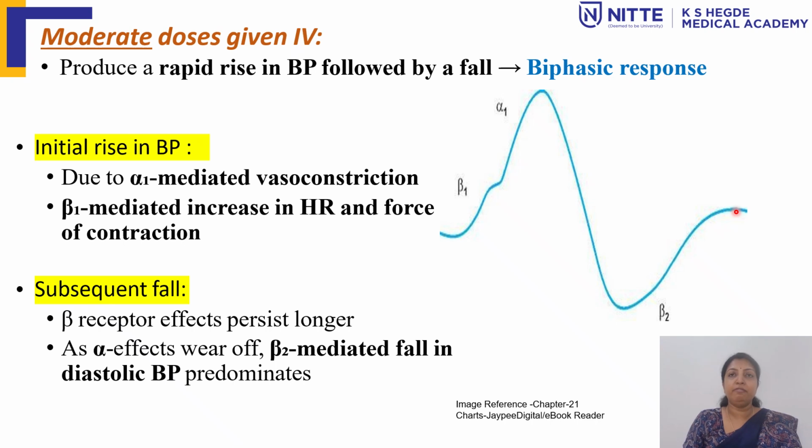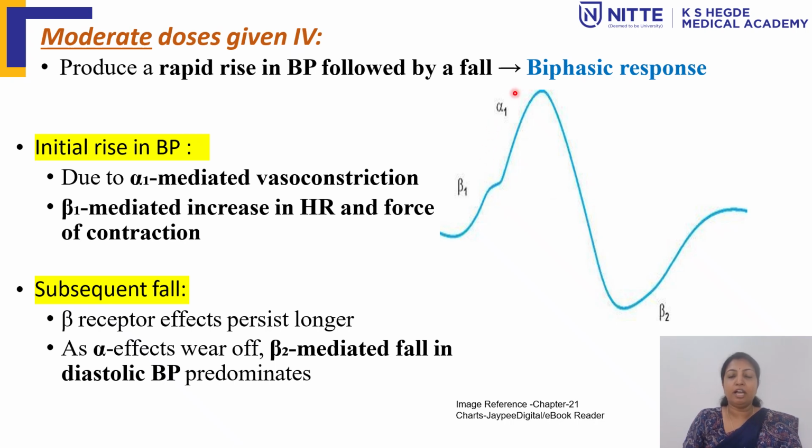Now why does this happen? Biphasic response of adrenaline. This initial rise in BP is mainly due to alpha 1 mediated vasoconstriction. So you have alpha 1 receptors and also beta 1 receptors in the heart contribute. Beta 1 mediated increase in heart rate and force of contraction can be seen. So this rise in BP is mainly due to the action on alpha 1 receptors and beta 1 receptors. Now, as the concentration of adrenaline gradually decreases around the alpha receptors, it can continue to act on the beta receptor.